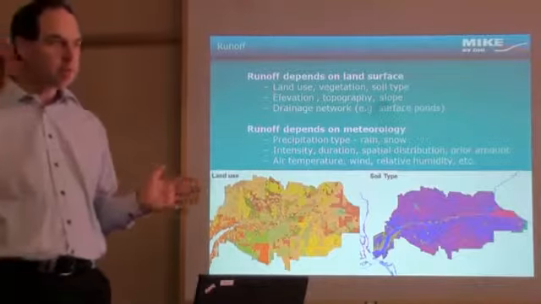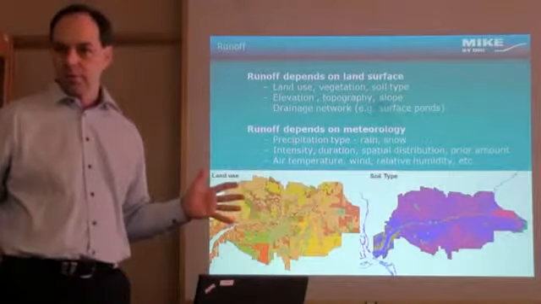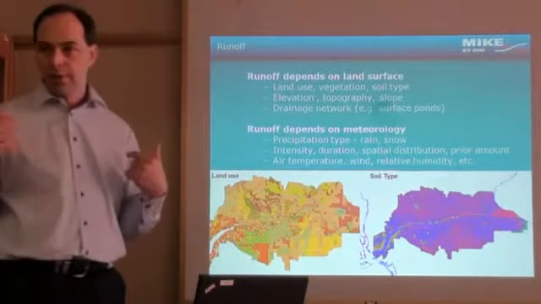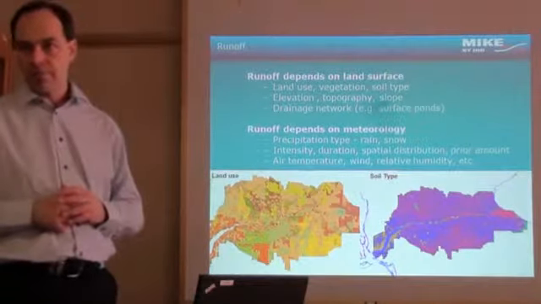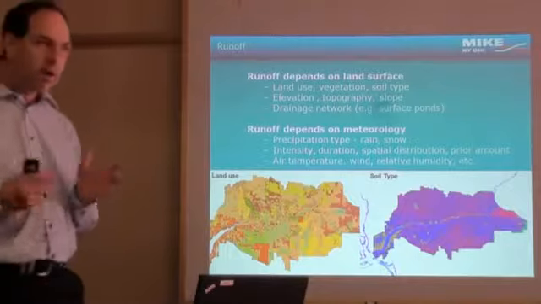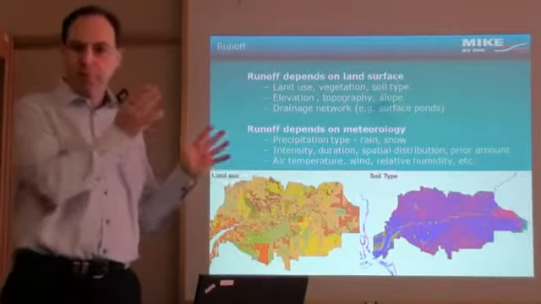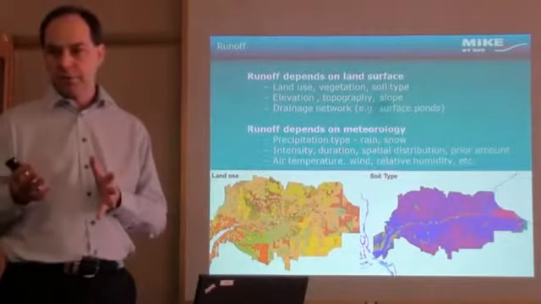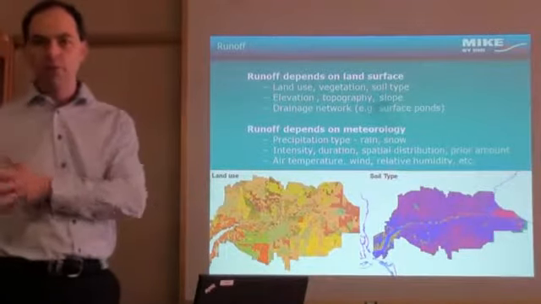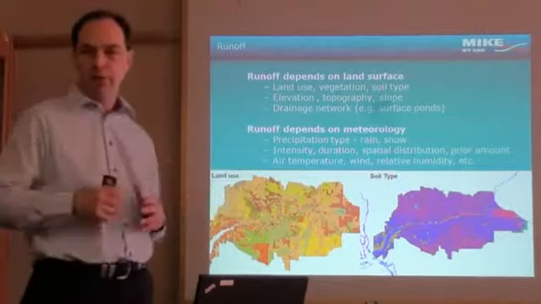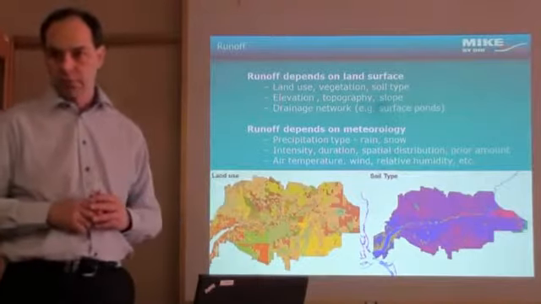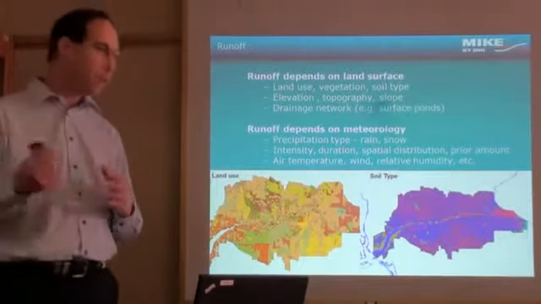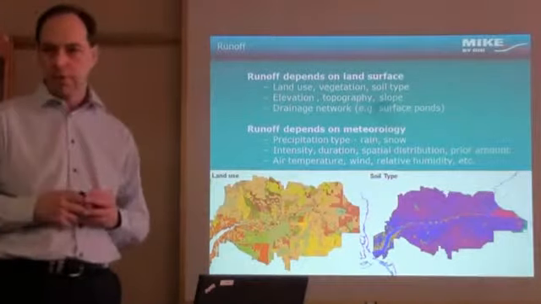So 100 millimeters over 2 days will have more infiltration and less runoff than 100 millimeters in an hour. Likewise, if it rained yesterday and the soil is saturated, then 100 millimeters of rain will generate more runoff than 100 millimeters after a long drought. So the meteorology and the way it plays together is an important part of the runoff process.